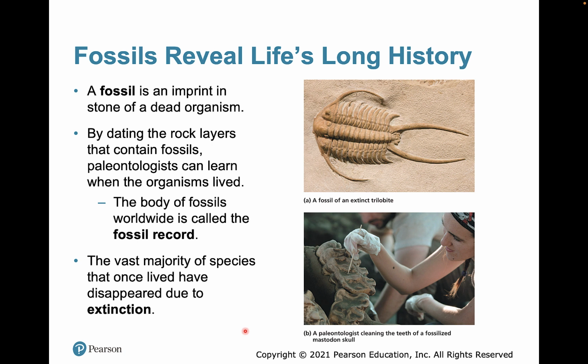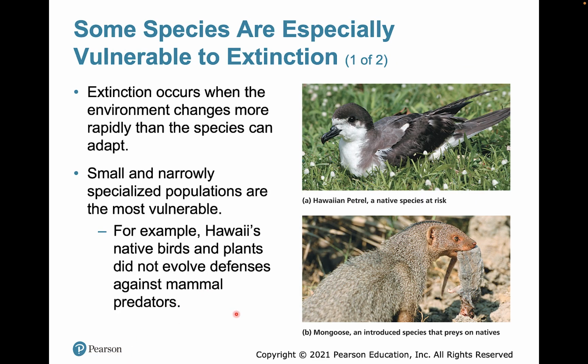One thing you can find out through studying fossils is that the vast majority of species that have once lived on Earth have disappeared due to something called extinction. Extinction happens when the environment changes faster than the species can adapt, okay?